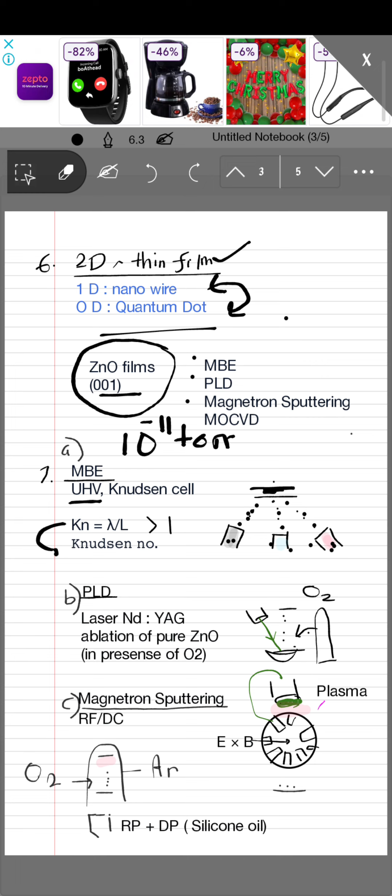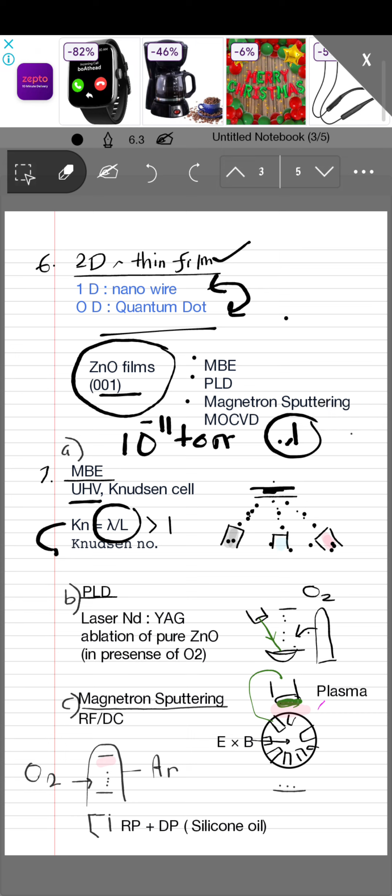Now, for a good vacuum level, this number, lambda by L, should always be close to 0, where lambda is the mean free path of the electron and L is the chamber length, not the camera length. The basic idea is that the mean free path means the distance traveled by an electron between two collisions.